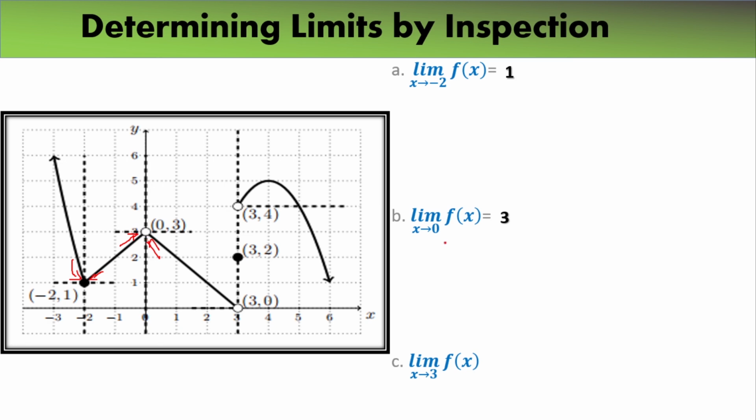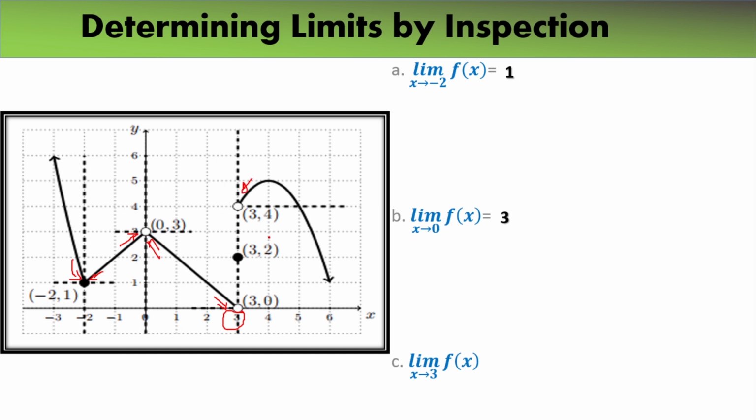So let's try to answer letter C. So we are asked to find the limit of f of x as x approaches 3. So we start from the left. Observe natin, ito yung 3 natin. Yan. From the left of 3, saan papunta yung graph natin? Papunta yung y value natin or yung f of x natin sa 0. Sa right side naman tayo.